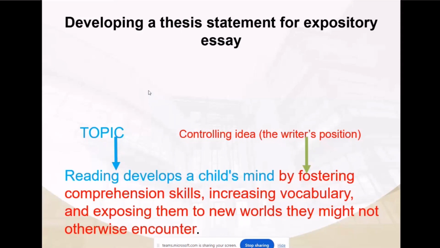Look at this student who shows their topic and their position on the topic. The topic is reading develops a child's mind. This is what the essay is about. They are arguing to say it does develop the child's mind. This is the topic. Now, where does the student stand on this, or what is the student's position on the topic?